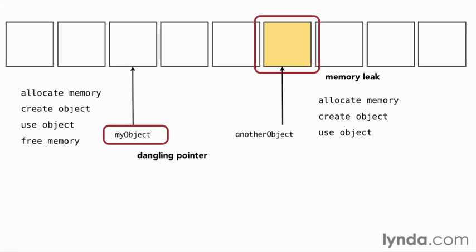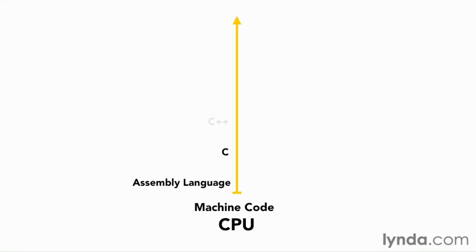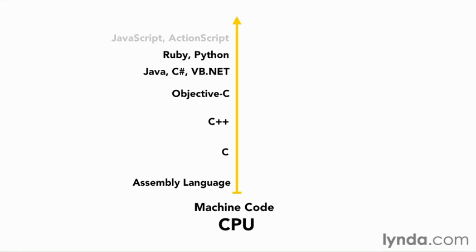And because memory management is difficult code to write, what's happened is as more high-level languages have evolved, there's been different methods for dealing with it. If you remember early on in the course, we talked about the idea of low-level to high-level languages. That languages like assembly language and C were actually quite close to the machine code. You had to know a lot about how the machine operated.